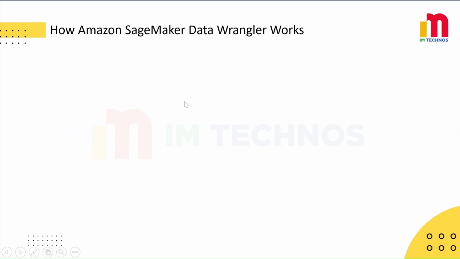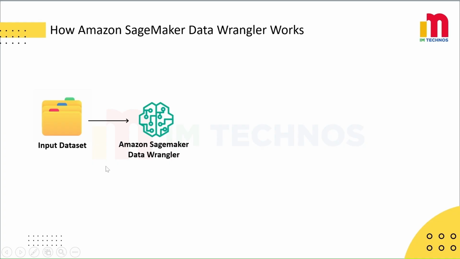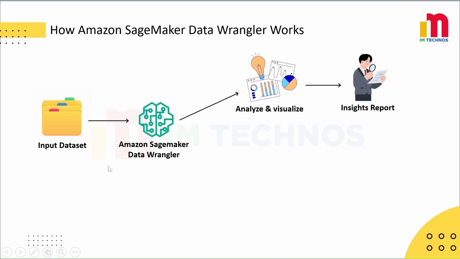Now let's understand how it works at a high level. First, you connect to a data source. Your data can come from multiple places such as Amazon S3, Amazon Redshift, Amazon Athena, databases, or even your local machine. Once the data source is connected, you import the dataset to Data Wrangler. Next, you can analyze and visualize the data to understand patterns and insights.